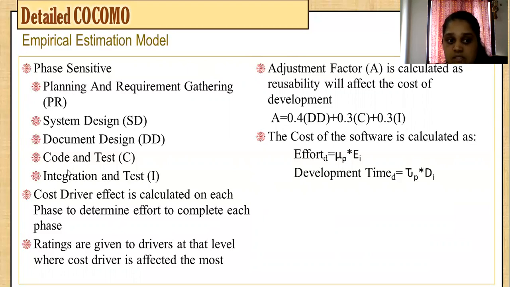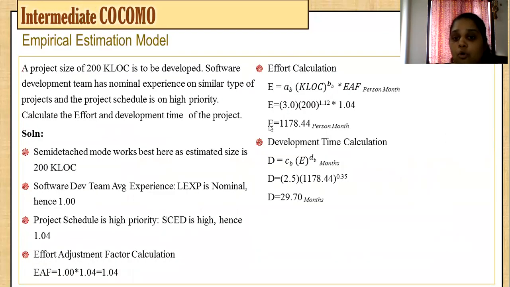So you can say that it is phase sensitive. These are the phases, and the cost driver effect is calculated on each of these phases. As I said, for each of these phases you are calculating the different cost drivers' effect, and this effect is used to calculate the effort to complete each and every phase. So now you don't have a single answer. In intermediate COCOMO, you had a single answer that effort is this much to complete the whole project, or time duration is this much to complete the whole project.